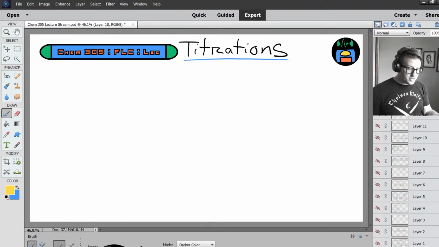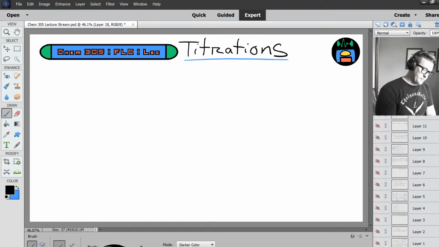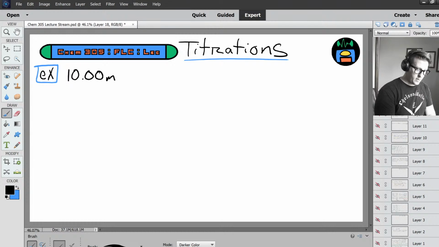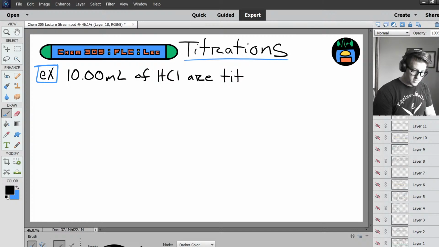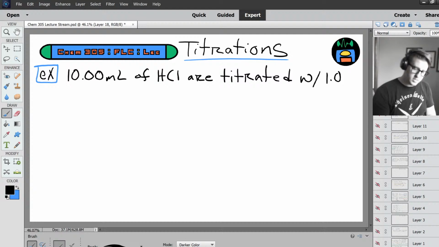So here's how it would be worded. 10 milliliters of HCl are titrated with 1.00 molar sodium hydroxide.